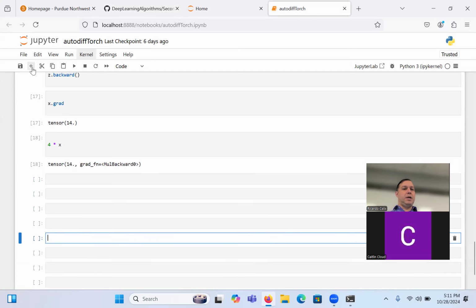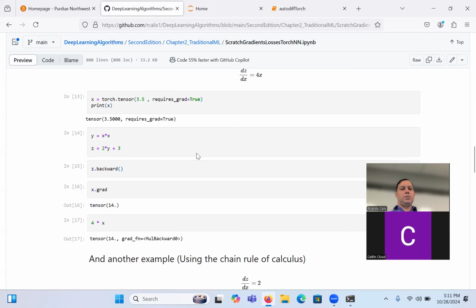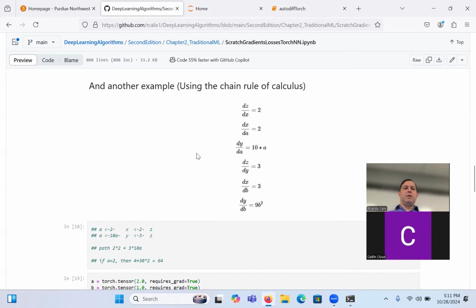All right, so we're going to do another example, the third one. This one's a little bit more complex as far as the chain rule, but hopefully you can see how this one allows you to calculate the derivatives for multiple weights, not just for one weight. So imagine A and B here are going to serve as weight 1 and weight 2.